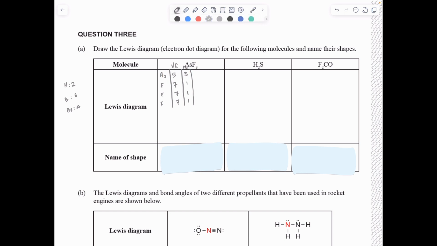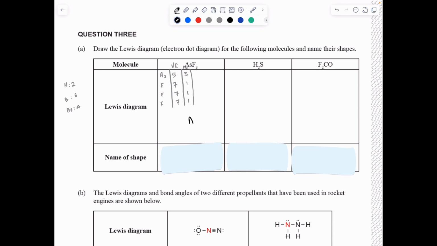What we have to do next is identify the neediest atom. The neediest atom out of all of this is As, because it needs 3 electrons. Every other atom, fluorine, needs only 1 to have a full outer shell.